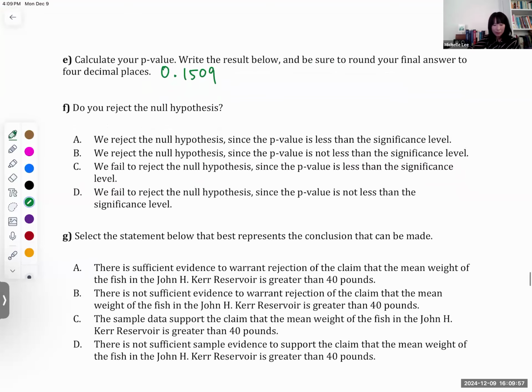Okay, do you reject? Can you please choose A, B, C, D? Thank you in the chat. D. So we fail to reject the null hypothesis since the p-value is not less than alpha.